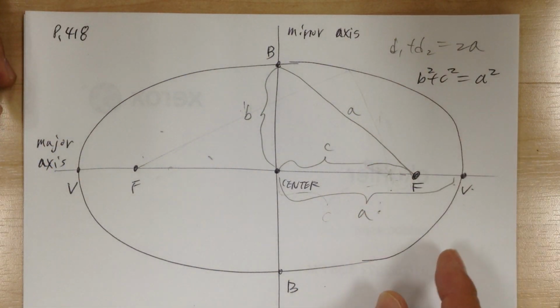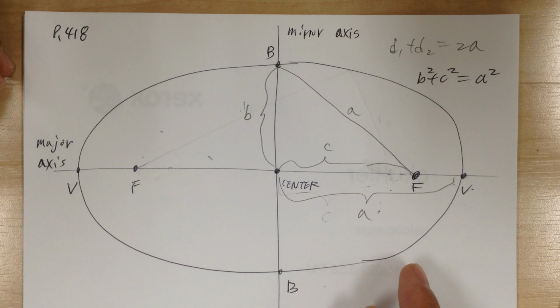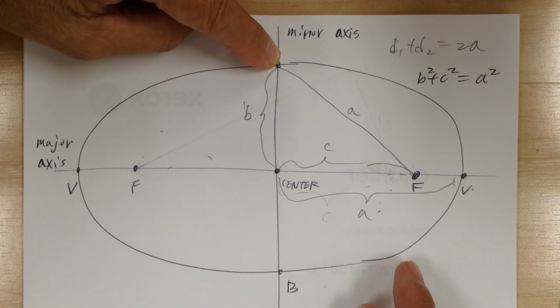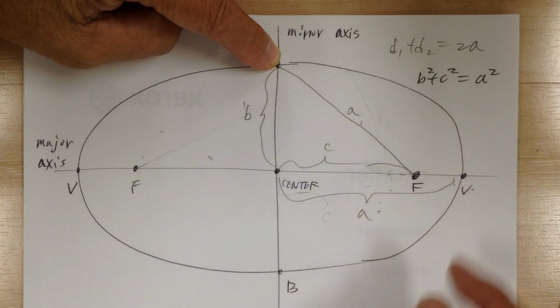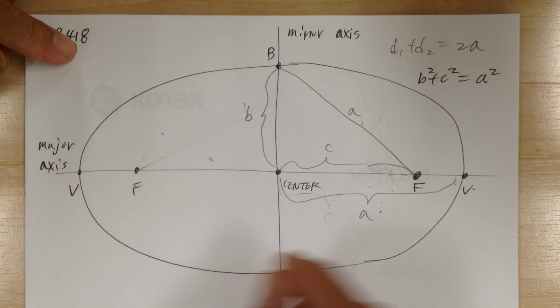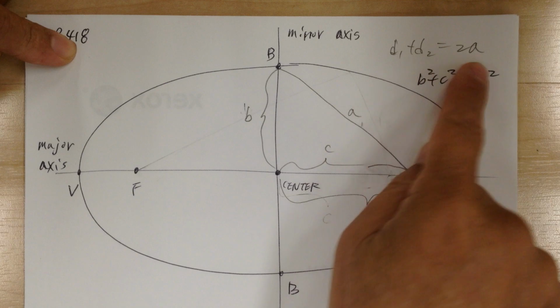That's one of the most obvious ones. If the point is over here, this is A, this is A, so it equals 2A. From these two points, it's very easy to see why this is so.